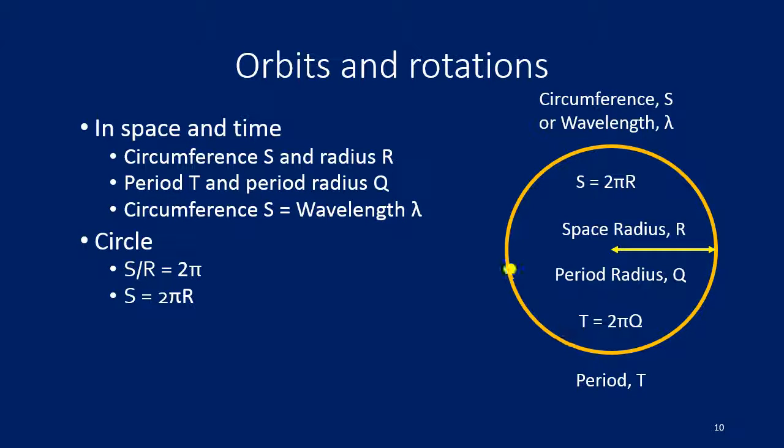So in other words, s equals 2 pi r. And in time we have a cycle, and we're going to define the period radius q as the ratio of the period t divided by 2 pi, so that t equals 2 pi q.